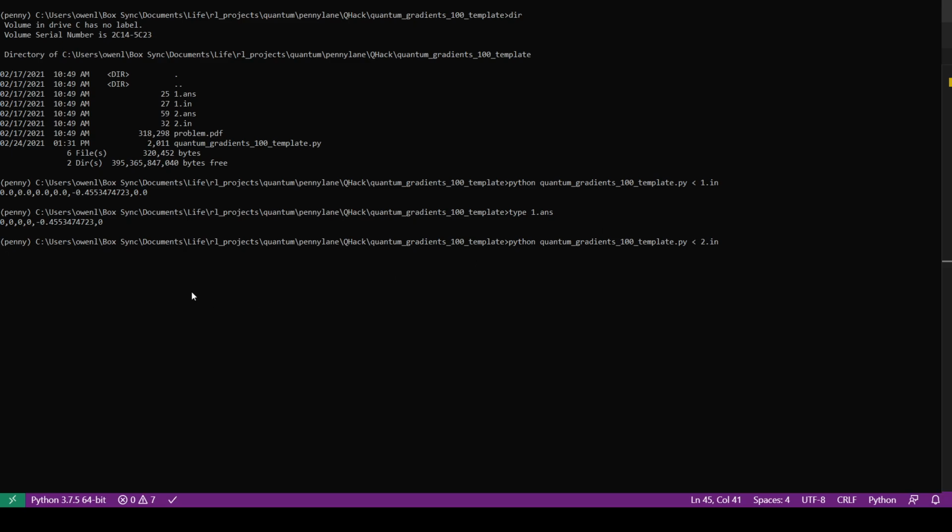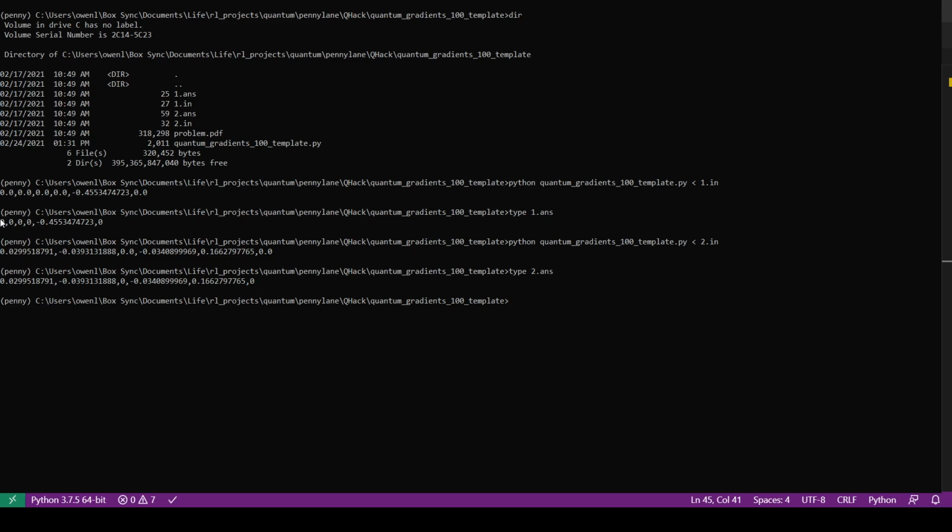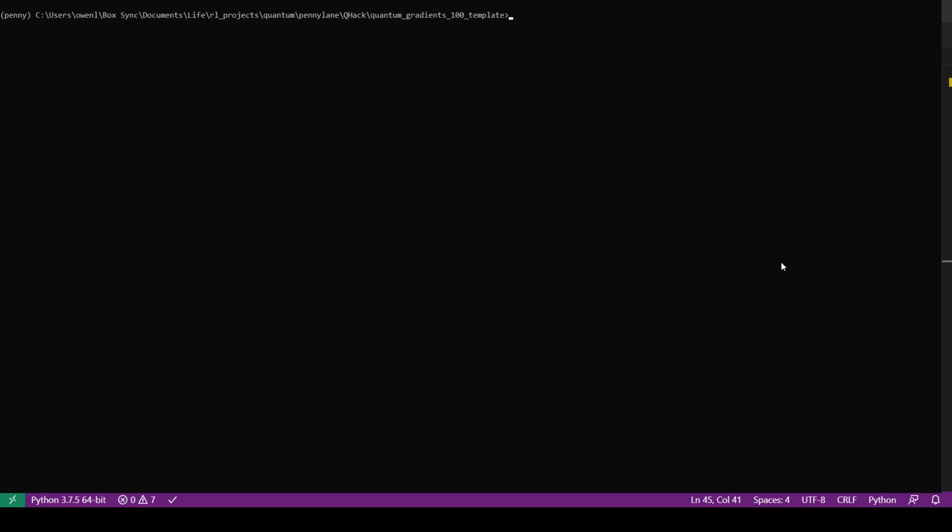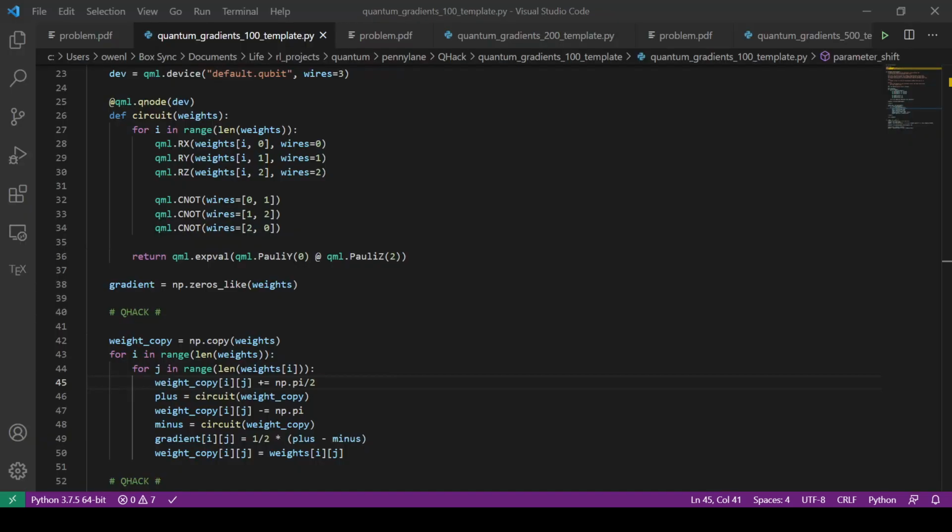This would be the gradient of this circuit. It doesn't really matter what the circuit is or what the weights are. We can see these are exactly the same, and therefore we have the parameter shift correct.